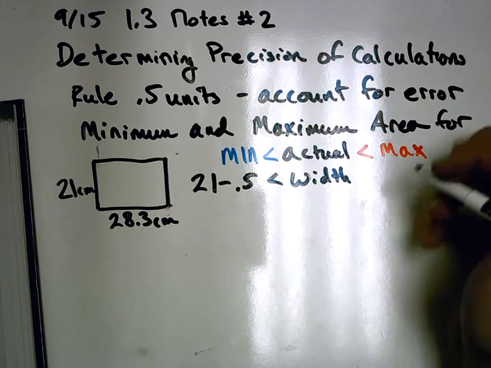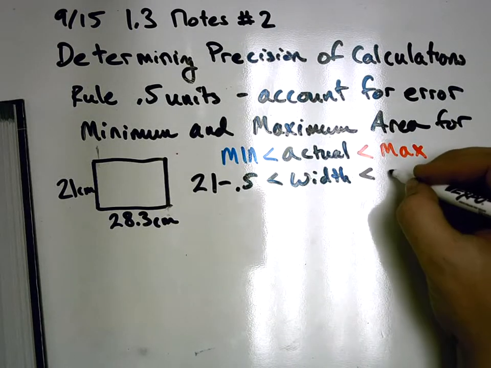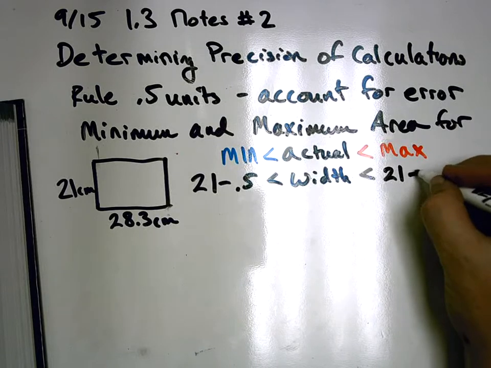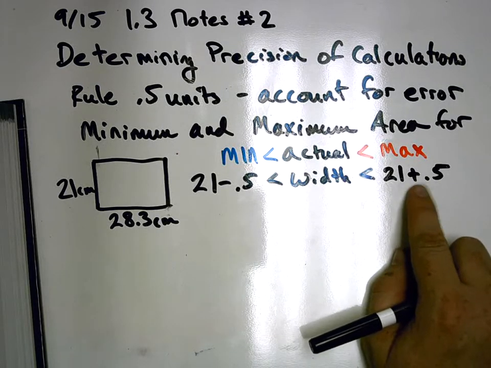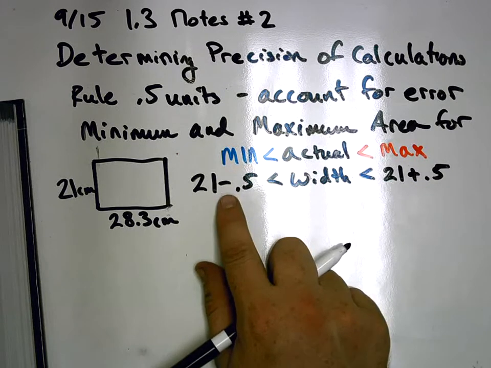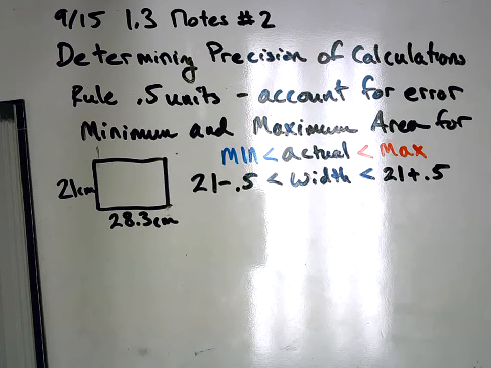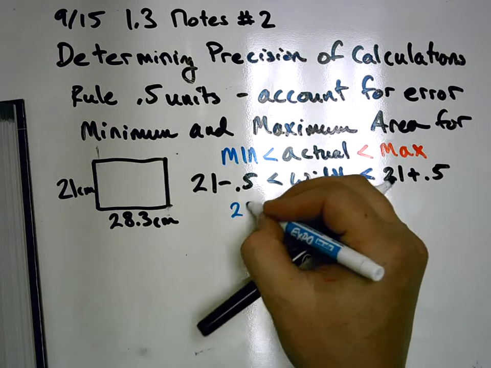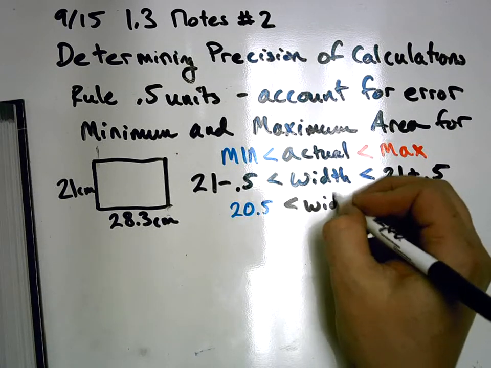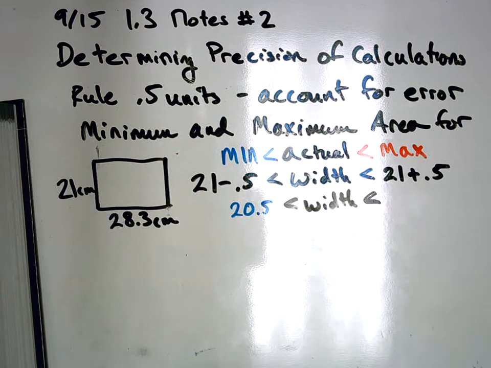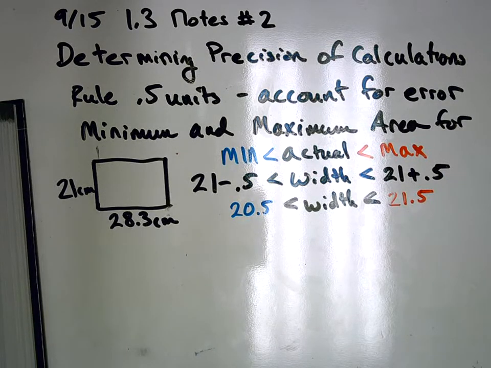The max, same thing, is going to be the measured plus 0.5. Now, max obviously is bigger, minimum is smaller, that's why we have the minus with the min, plus with the max. So your min for the width is 20.5. The max is 21.5. Okay?